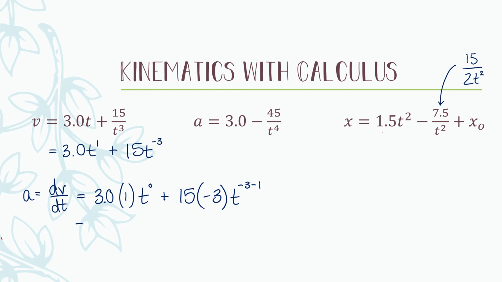Again, those simplify to being 3, because t to the 0 is just 1, minus 45 times t to the negative 4th, which can be expressed as 45 divided by t to the 4th power.